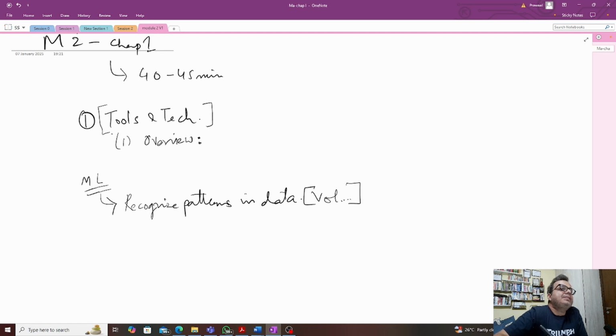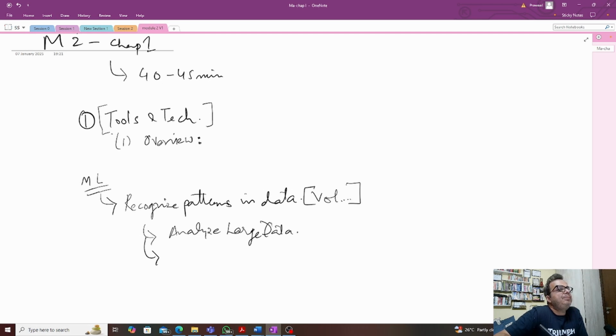Because if it is a small set of data, you can put it in an Excel and find the patterns yourself. But when the volume of the data becomes large, you need machine learning to find those patterns. So machine learning will help you to understand or analyze large volumes of data. That is the first thing that a machine learning algorithm will help you with.